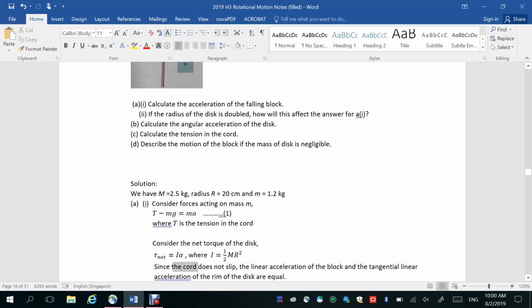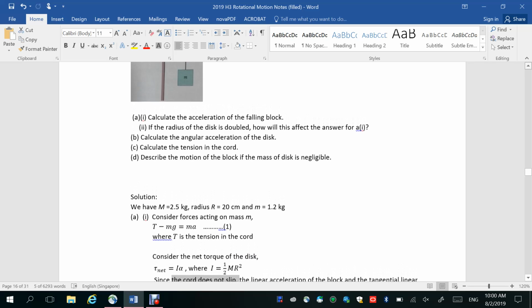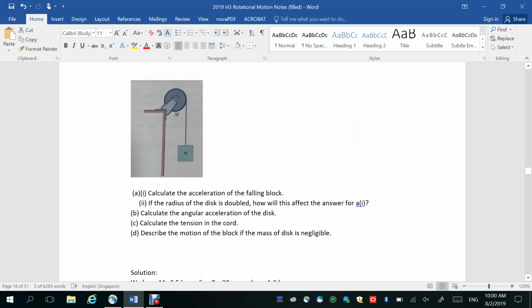Given that the cord does not slip, you can take the linear acceleration of the small block m to be the same as the tangential linear acceleration along the disc. That means the linear acceleration along this part is a constant. When we go to the disc, it is called a tangential acceleration. So the acceleration here will be constant, because the cord does not slip.